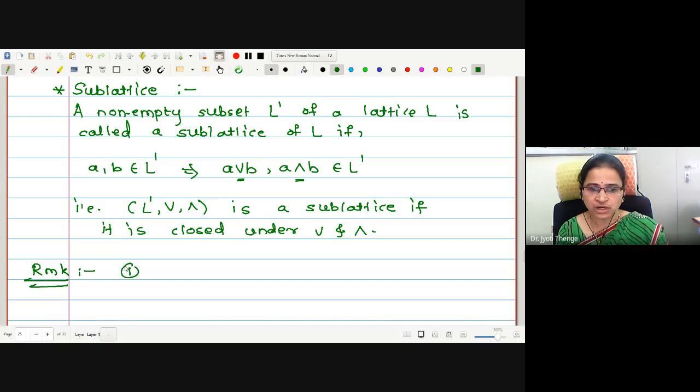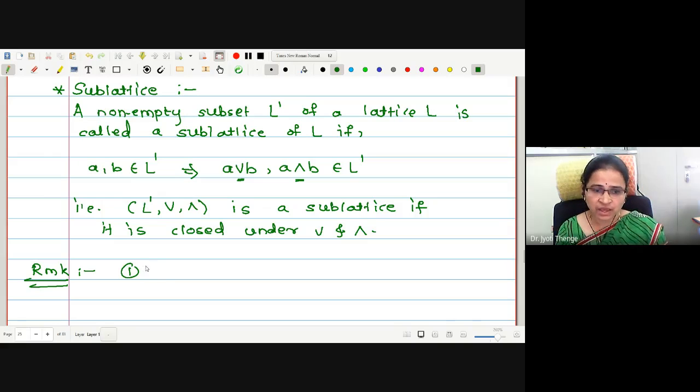What about a singleton set? If I have a singleton subset of a given lattice, will it be a sublattice? For a sublattice, the only essential condition is that it should be closed under join and meet. If I consider a singleton subset, a join a is a, therefore it is closed under join. a meet a is a, therefore it is closed under meet as well.